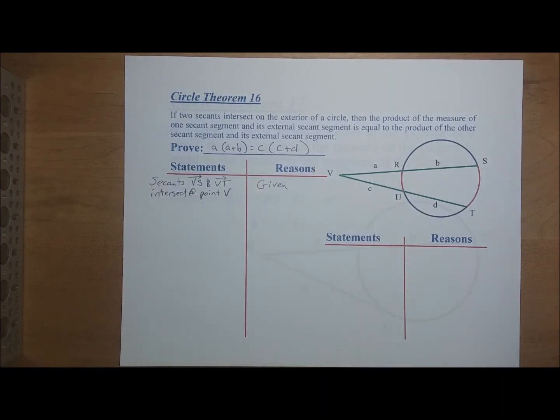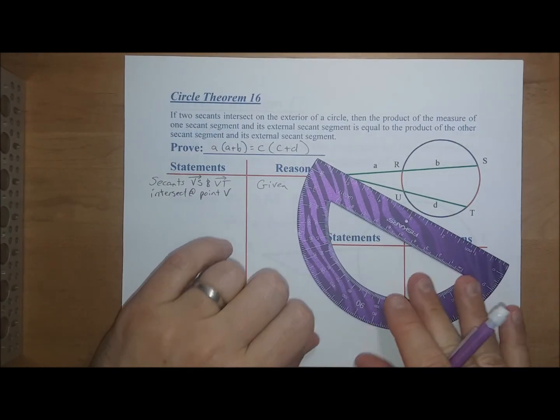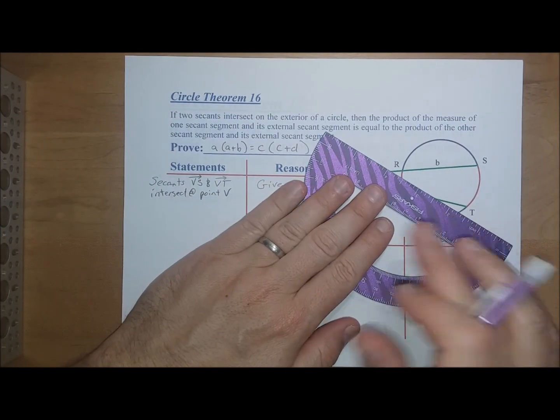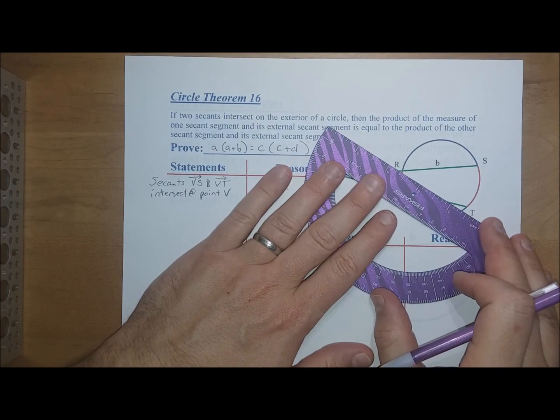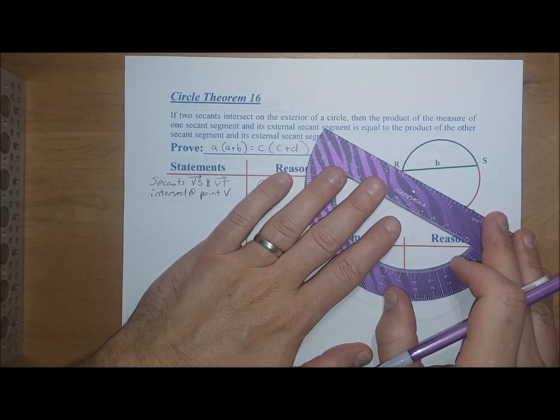Okay, where are we going to go with this? Well, I'm going straight for triangles. I see cross products. I suspect similar triangles.